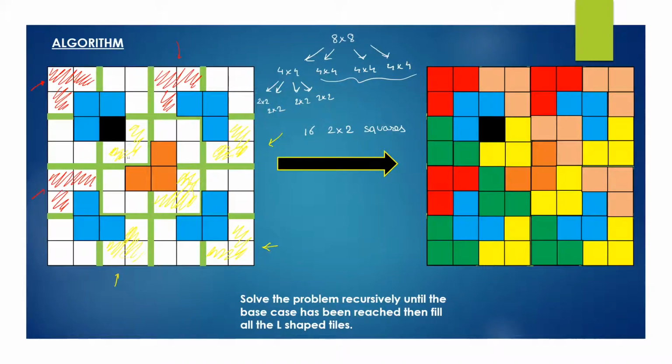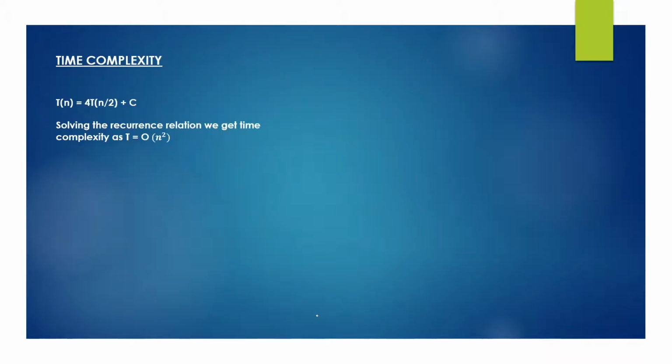So that's the algorithm behind this defective chessboard problem. If you see the final output, I've color coded all the tiles. You can see that I've placed my red tiles, my green, my yellow, and my peach colored tiles. So what I've done is basically solve the problem recursively until the base case has been reached, then fill all the L-shaped tiles.